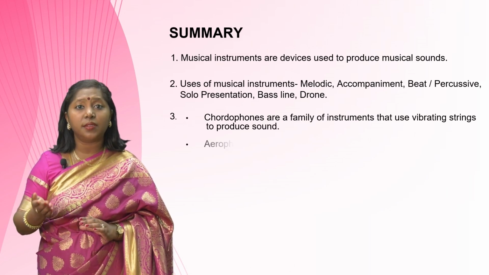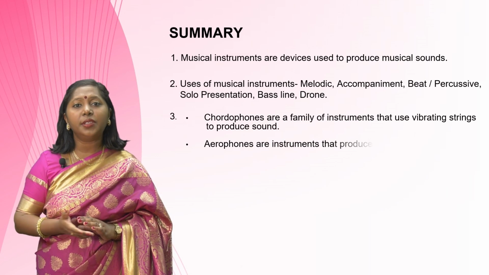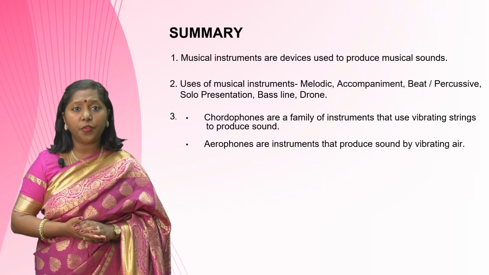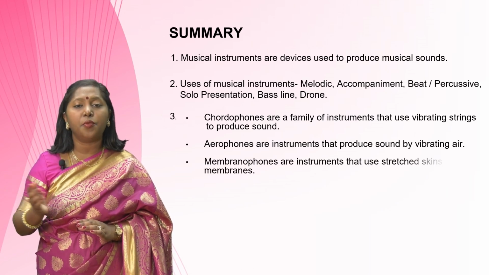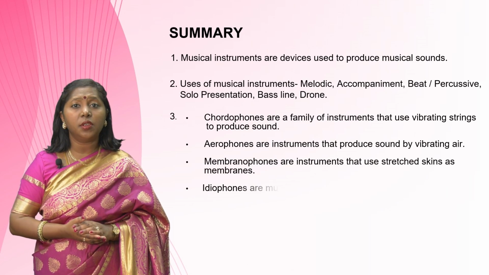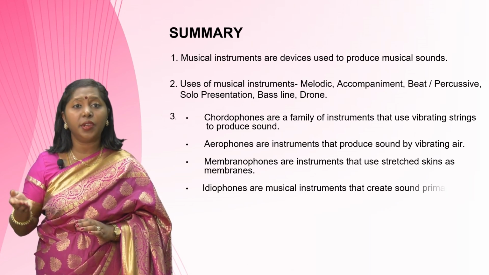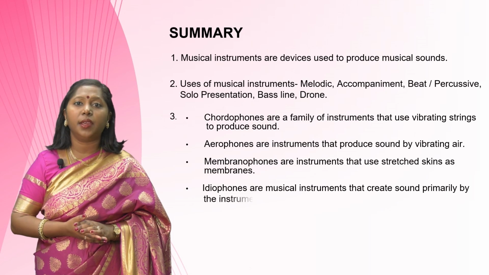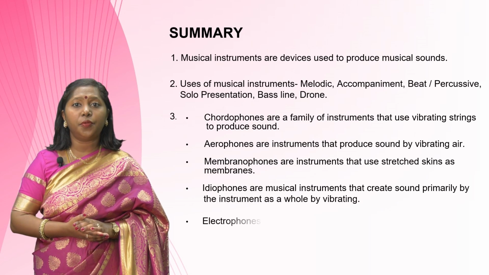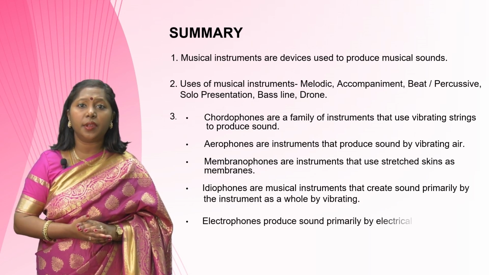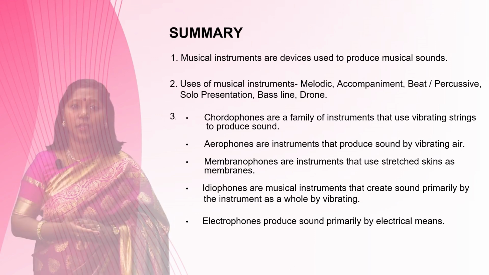Aerophones are instruments that produce sound by vibrating air. Membranophones are instruments that use stretched skins as membranes. Idiophones are musical instruments that create sound primarily by the instrument as a whole vibrating. Electrophones produce sound primarily by electrical means.